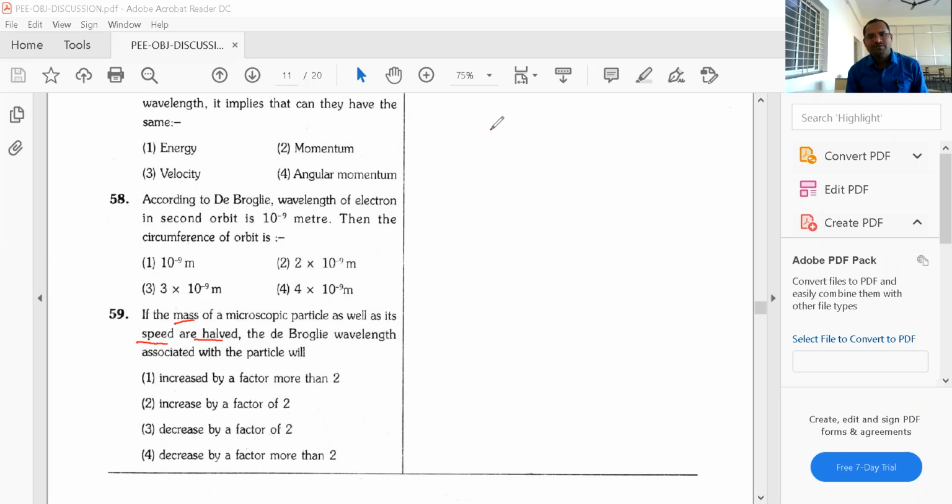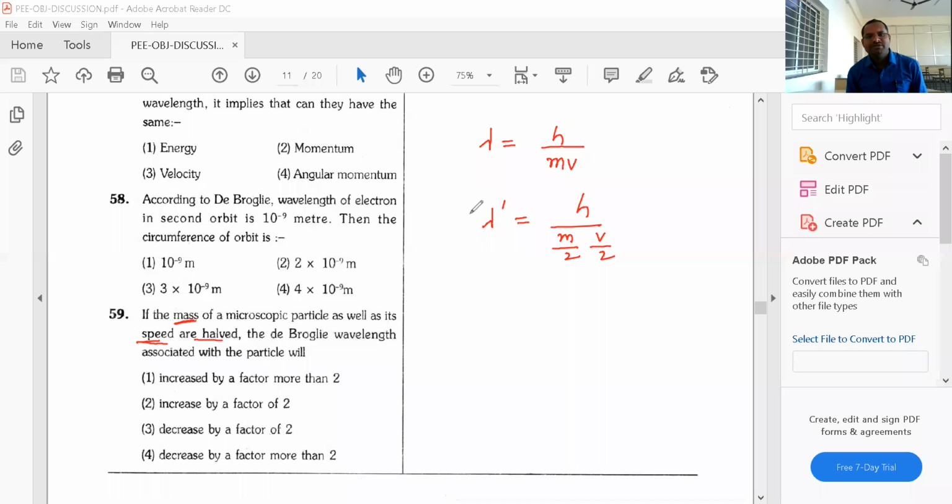So we know the de Broglie wavelength lambda of a moving particle is lambda equal to h upon momentum, that is nothing but mass into velocity. Now, for example, if mass is half and velocity is also half, because they are saying that the mass of a microscopic particle as well as its speed are half.